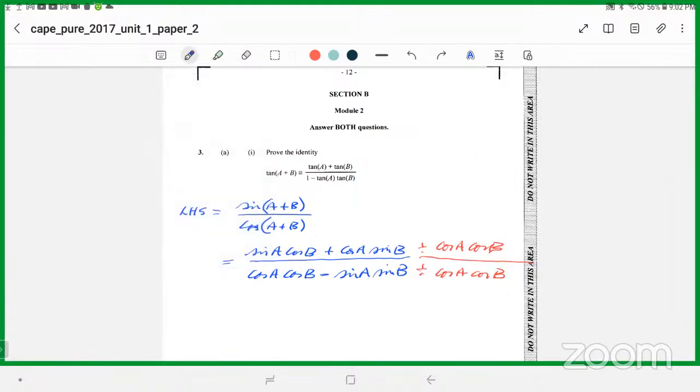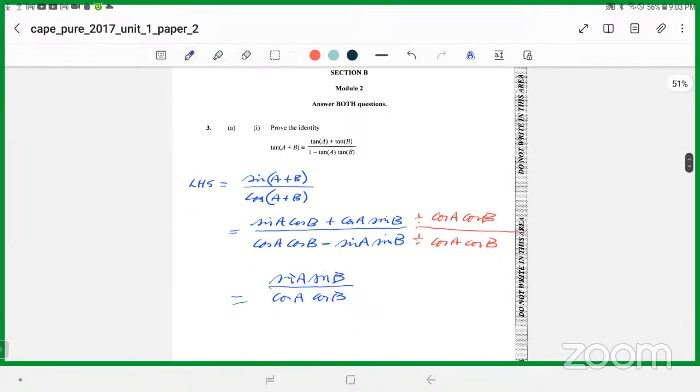I'm dividing this by this, so I get sine A sine B over cos A cos B. If you want to show this in red so you can see it, that's what I've divided.